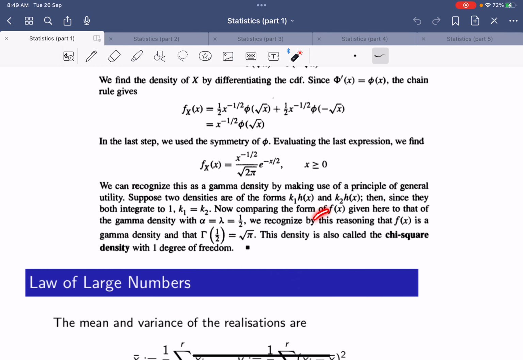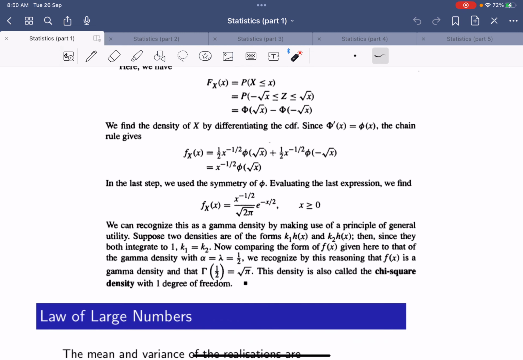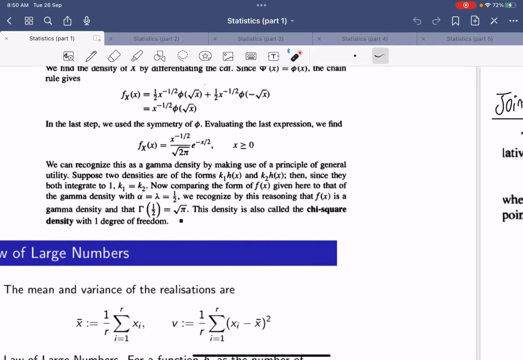Now comparing the form of fx to the gamma, we see that alpha equals half. And so this density is also known as the chi-square density with degree of freedom 1, and we'll dive deeper into that later on in our series.